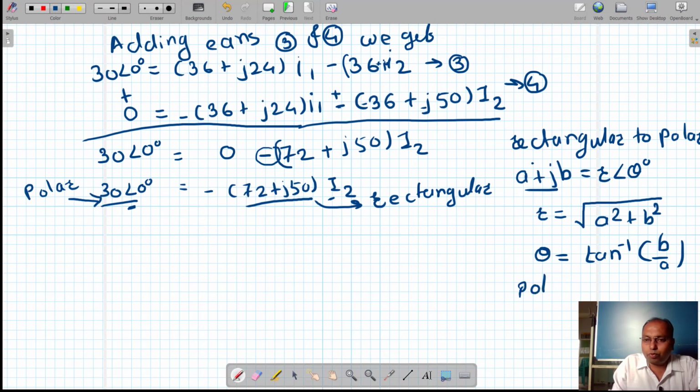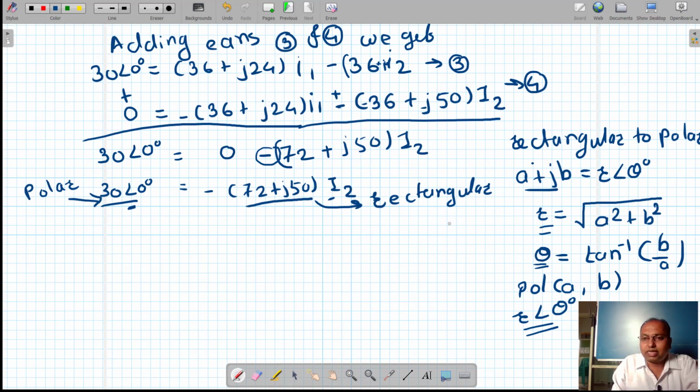You can press POL, which converts rectangular quantities into polar. You mention a comma b, and you will directly get the values of r and theta. If you have an MS82 calculator, you can calculate r and theta directly, or else you can calculate it by means of the formulas. Okay, fine. Is it fine?